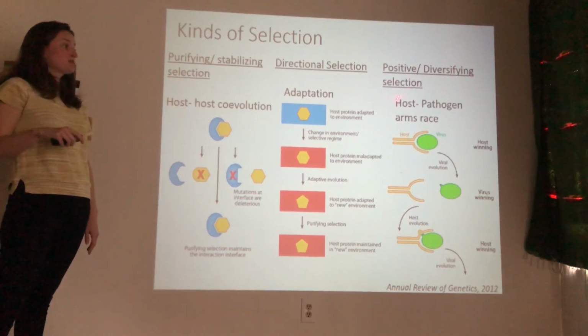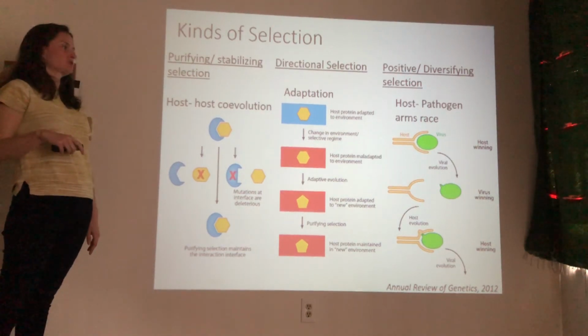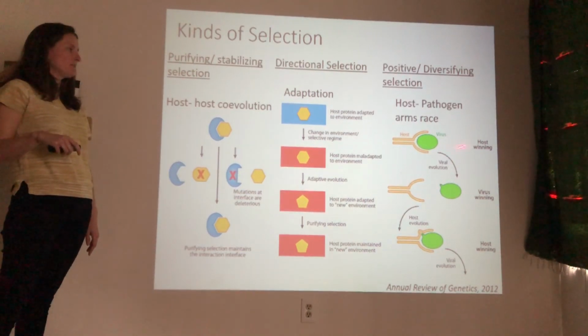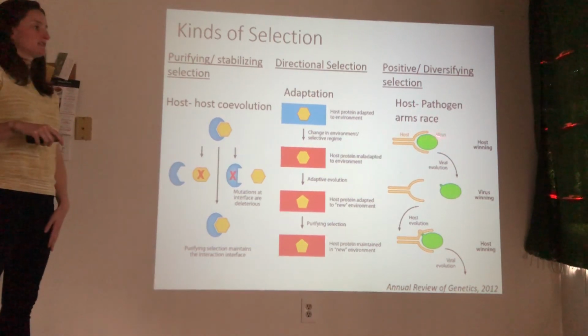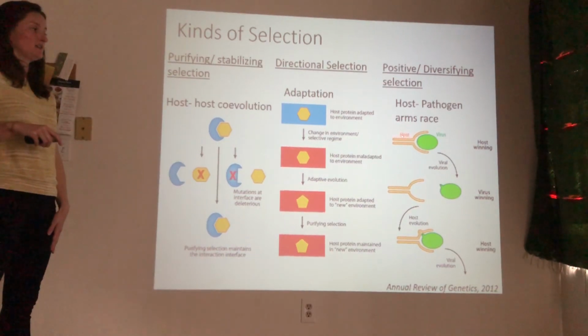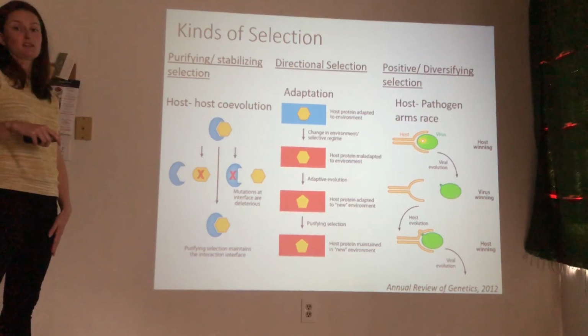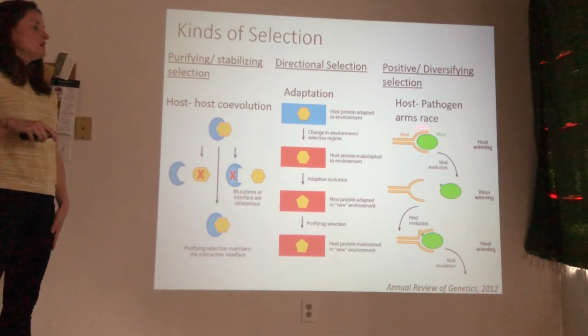However, at the host-pathogen interface, we see a lot of examples of this diversifying or disruptive selection. In the example shown here, let's imagine that this is a viral protein in green, and that this is a host cell factor that's going to aid in stopping that virus from infecting a cell, or maybe killing infected cells that are harboring virus.